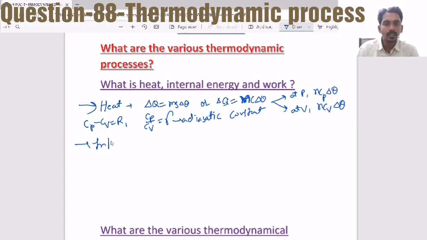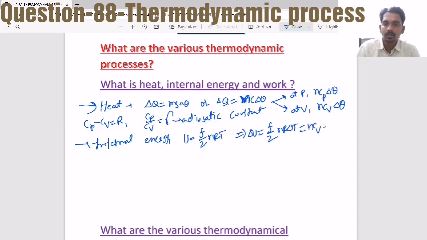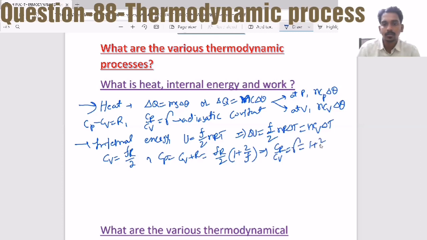When you consider the internal energy of any gas, it is given by U equal to f by 2 nRT, which implies delta U equal to f by 2 nR delta T, and for any process it is also equal to n Cv delta T. So Cv equals fR by 2, which implies Cp equals Cv plus R, equal to fR by 2 plus R. Taking fR by 2 common, 1 plus 2 by f, so Cp by Cv equals gamma equals 1 plus 2 by f, where f is the degree of freedom.